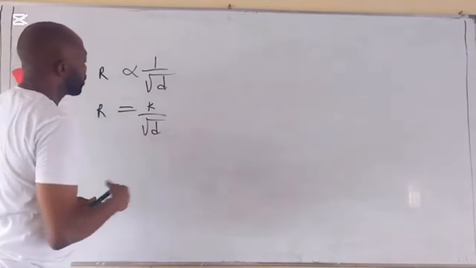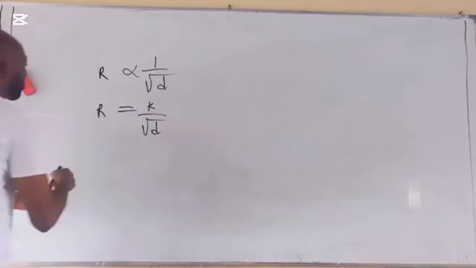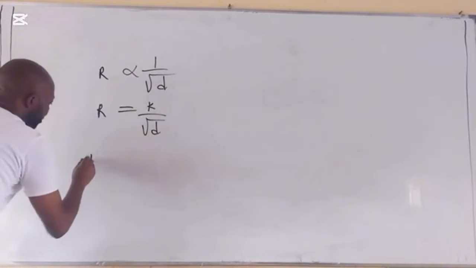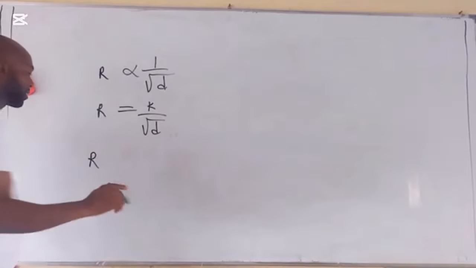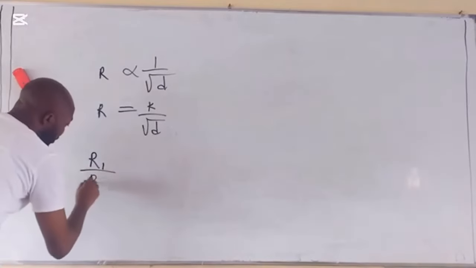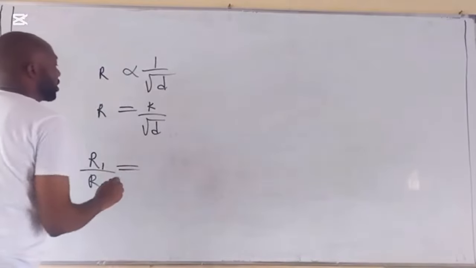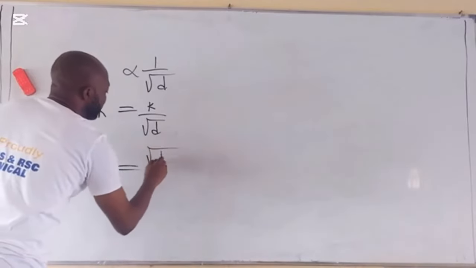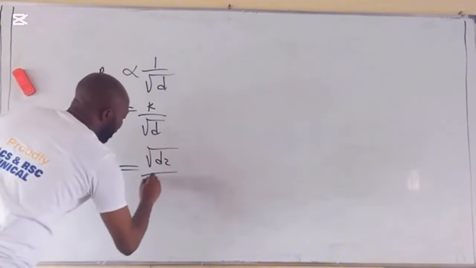In the scenario where we're having two gases, R1 over R2 will be equal to the square root of D2 over the square root of D1.